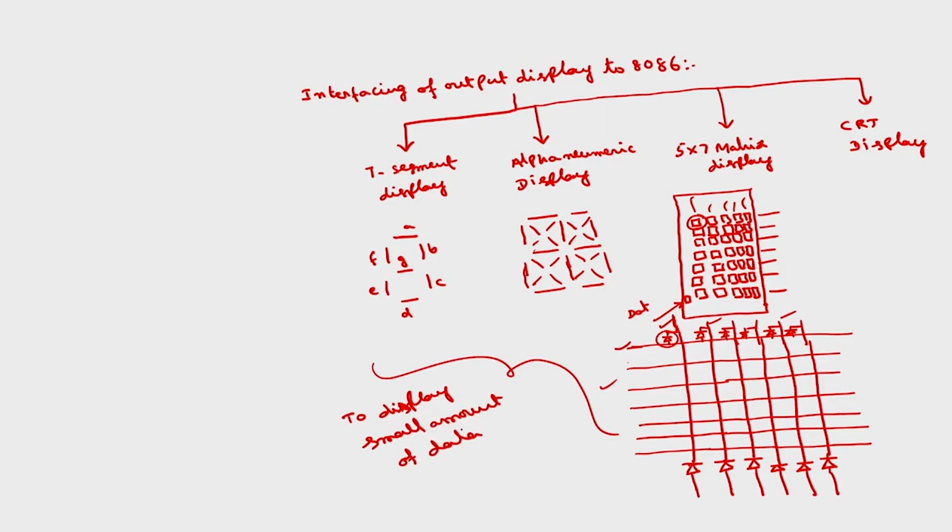To display a small amount of data, we can use either the 7 segment display or alphanumeric display or 5/7 matrix display. Whereas this last one, the CRT display, most computers use, whereas the microprocessor kits or some instruments use these LED displays. So, a CRT is used to display a large amount of data.